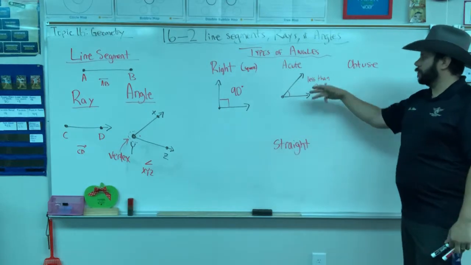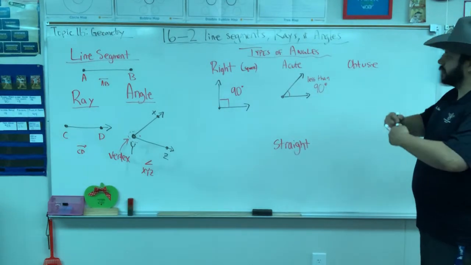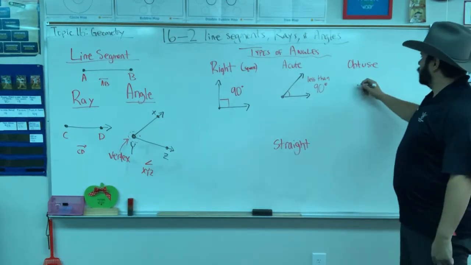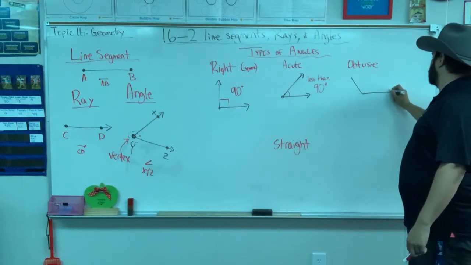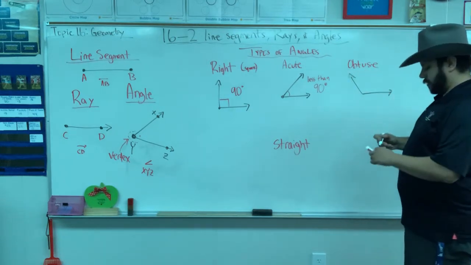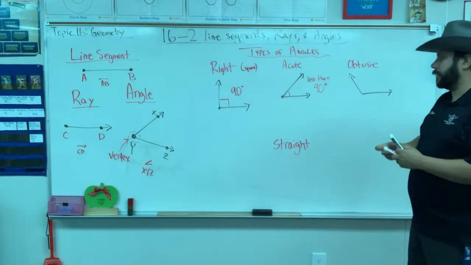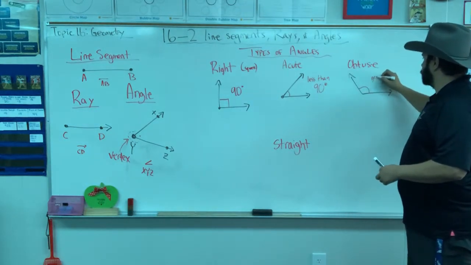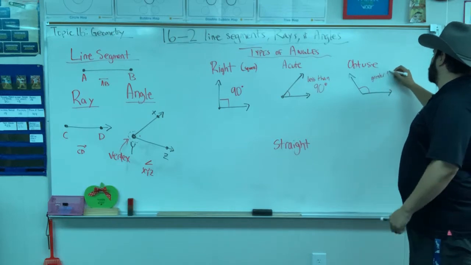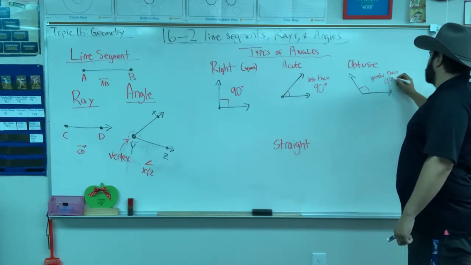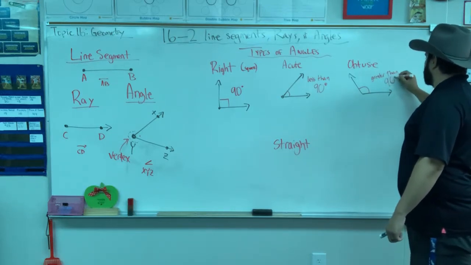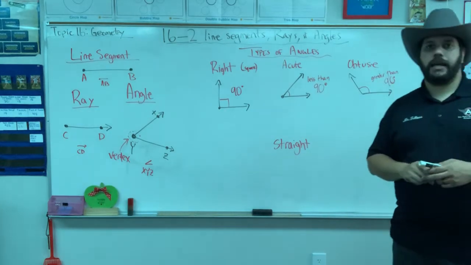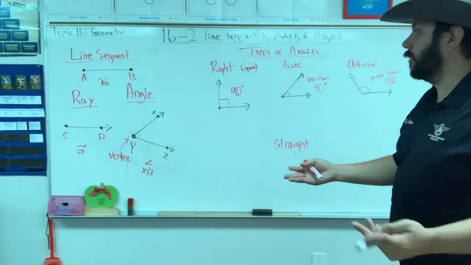Well, what do you think the obtuse one is? Well, if that one's less than, an obtuse angle, okay, is going to be greater than 90 degrees. Okay? It doesn't matter how much greater.